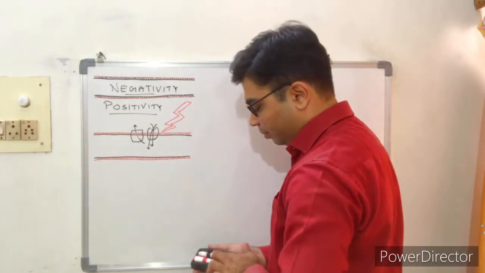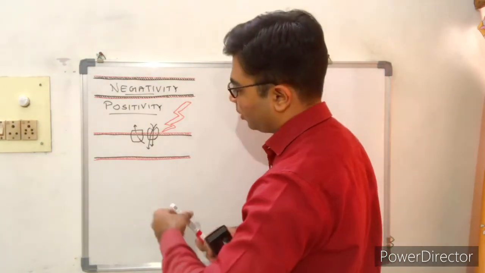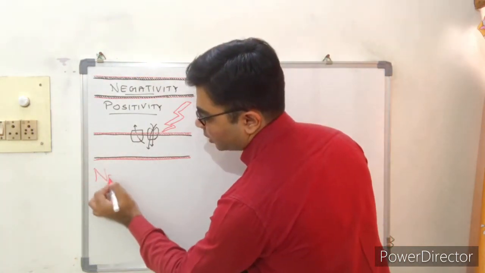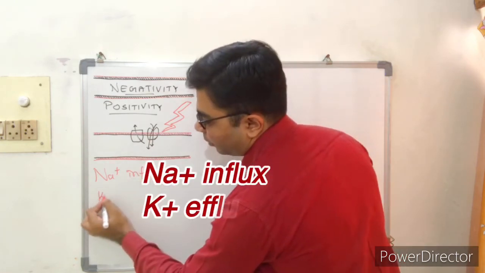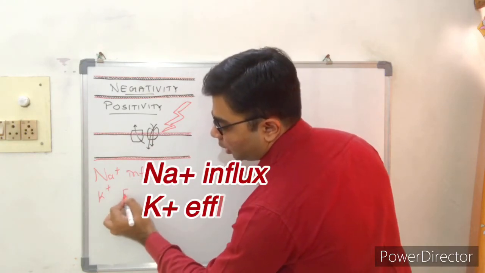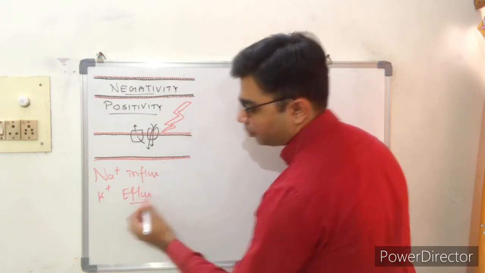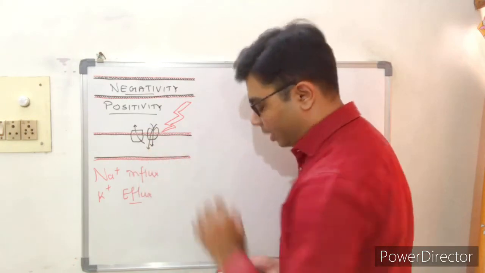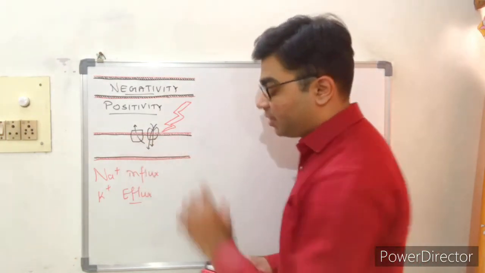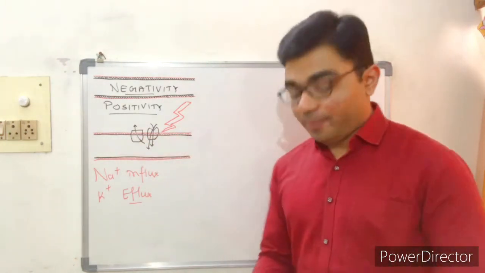Let me write it over here: sodium ion influx and potassium ion efflux. So sodium ions are coming in and the inside of the cell is becoming more and more positive.